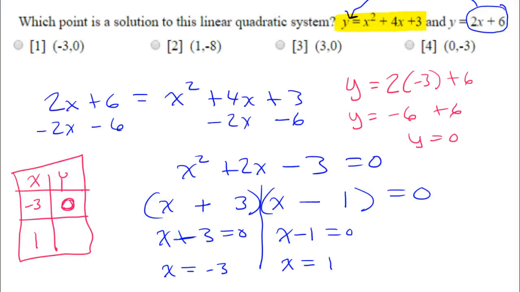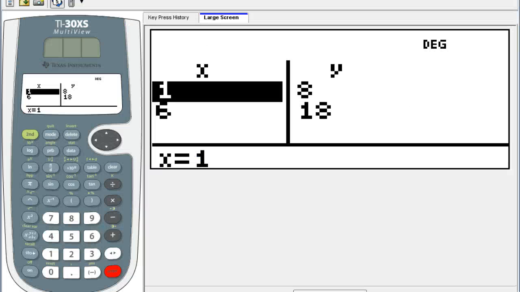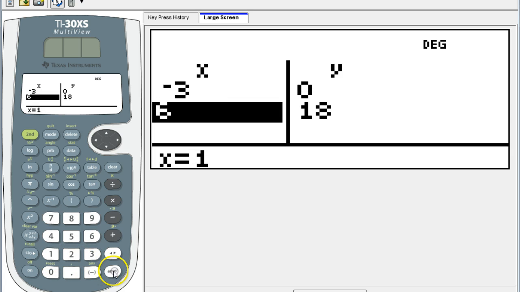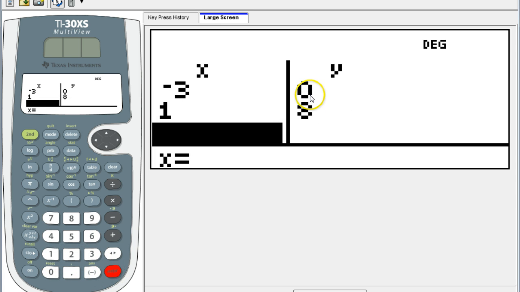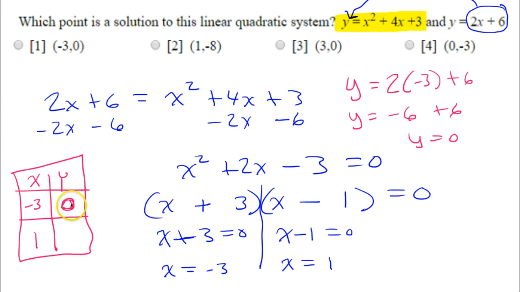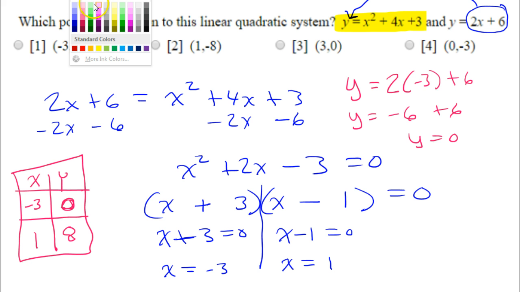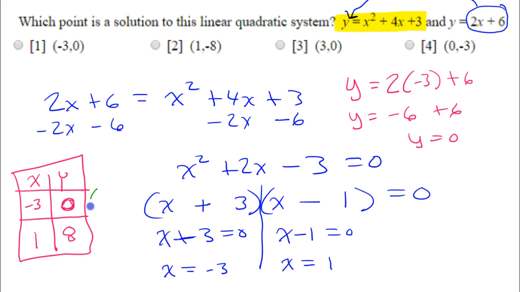My two x values are negative 3 and 1, so I type in negative 3 and 1. I get 0 and 8 for the y values. It's the same 0 I got by hand, and now I've got 8. So these are my answers: negative 3 comma 0 and 1 comma 8. Those are the solutions to this system.